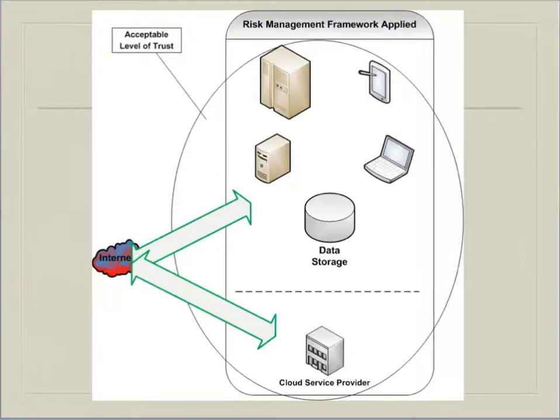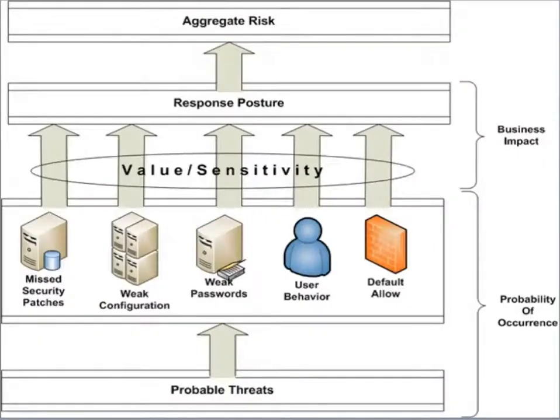Now, once we've done all of this, and we've put in our controls, and we've written our policies, and we get audited, and everybody's happy, there's still risk. We can't eliminate all risk. We talked about this before. So what we end up with after we apply all of these controls is aggregate risk.